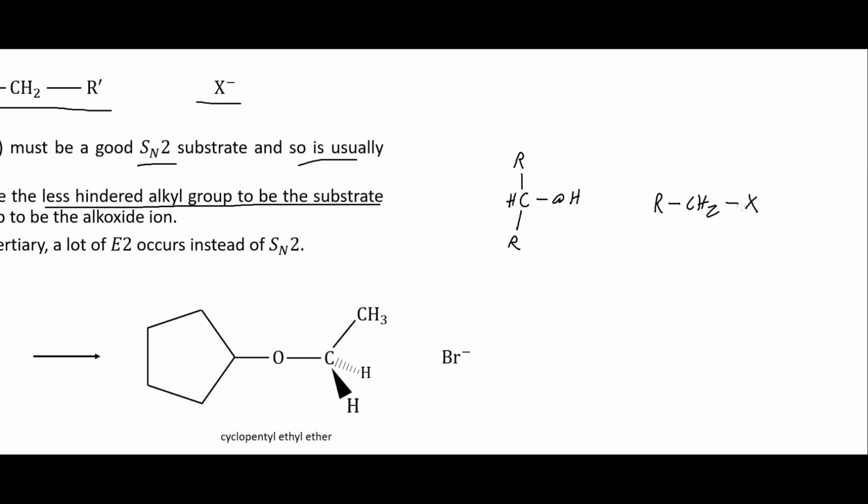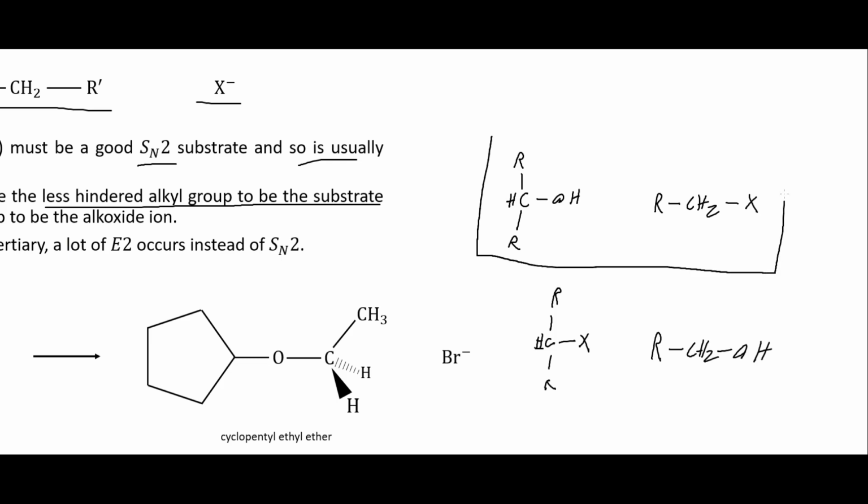Or it will ask you if we could have instead this with the R groups right there and the halogen right there plus our alcohol like this. And so it will ask you which one of these is going to be better. And since we want the least hindered one to be the substrate or electrophile, what we will choose is to have this one be the better reaction right here.